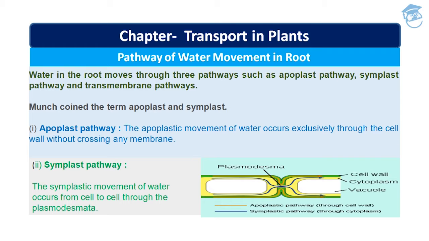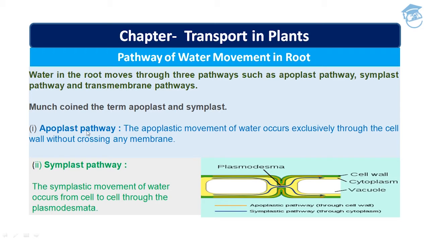But there's a pathway that does go through the cytoplasm of a cell, and that is the symplastic pathway, represented by this blue color. The yellow color represents cytoplasm. So the symplastic pathway goes through the cytoplasm, and the apoplastic pathway goes through the cell wall.